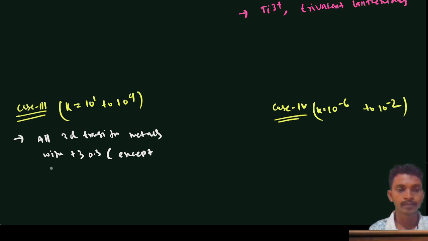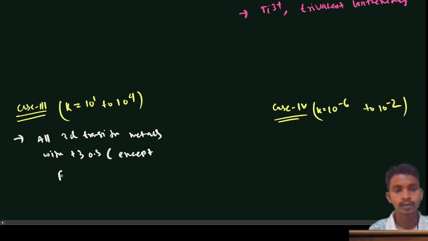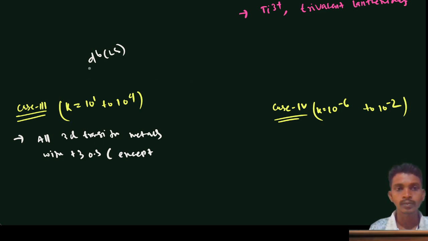In the case of d6 low spin, this will not fall here because this is highly inert, except this d6. So where d6 will come, if cobalt 3+, then this will be d6.